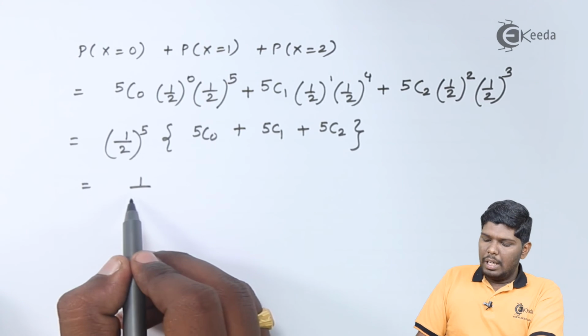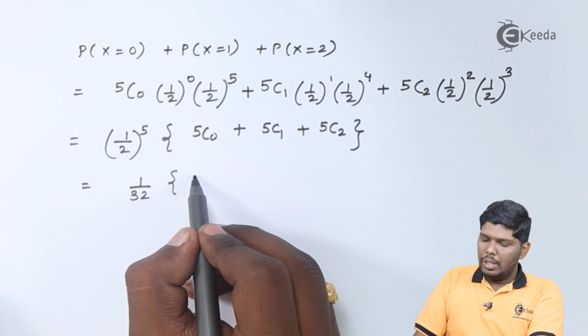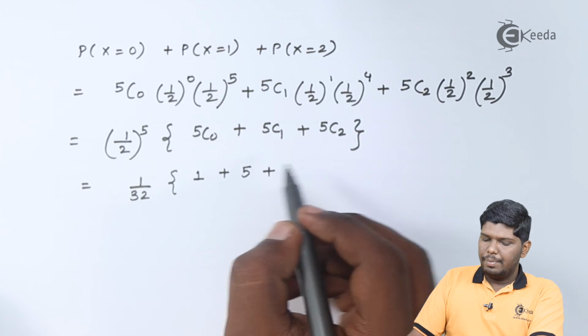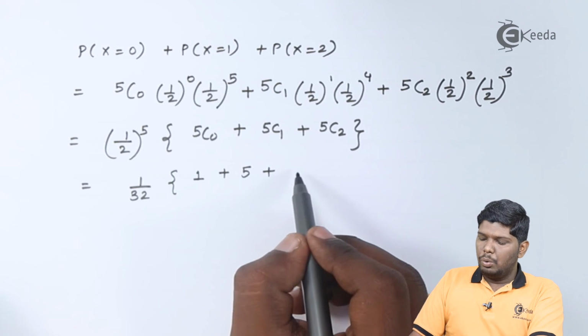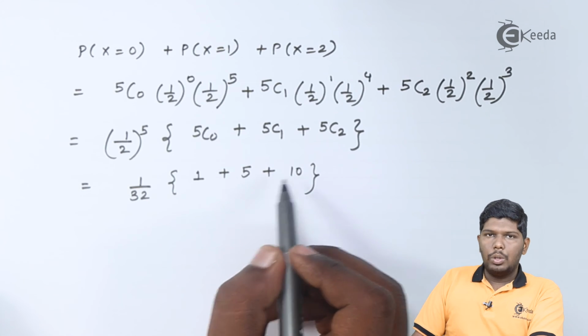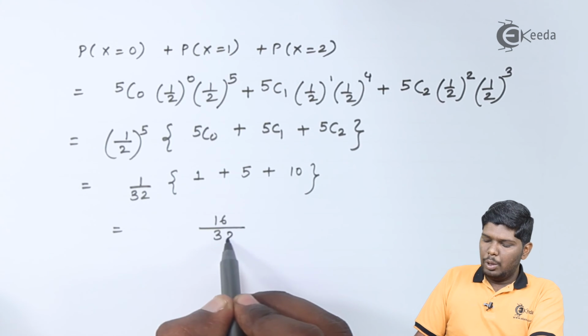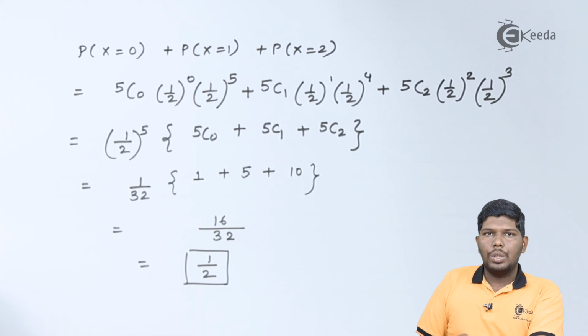Half raised to 5 will give you 1 upon 32. The value of 5C0 is 1, 5C1 will give you 5, and the value of 5C2 will give you 10. So 10 plus 5 plus 1 will give you 16, divided by 32, that is equal to 1 by 2. So this is the answer of the second question.